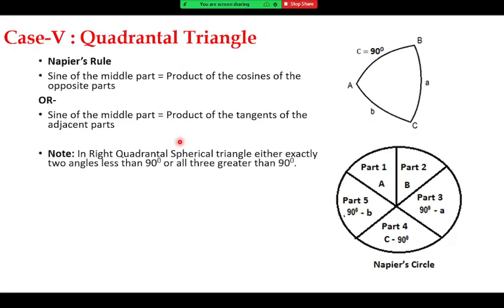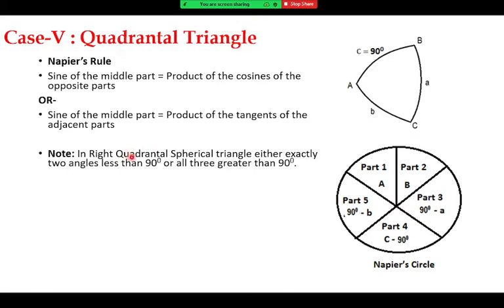In a right quadrantal spherical triangle, whenever one side is quadrantal... sometimes the word right is used, sometimes not. If you say quadrantal triangle, that is also meant.